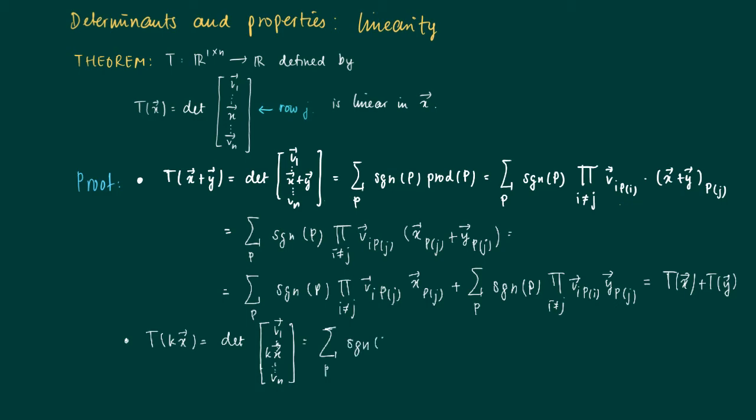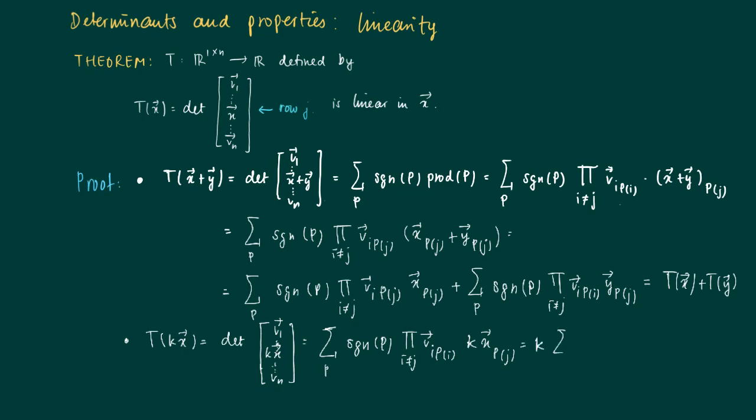So writing it down through the definition of the determinant, we again get the product over i unequal to j of v_i at p_i times, well, what do we get? x at p_j times k.